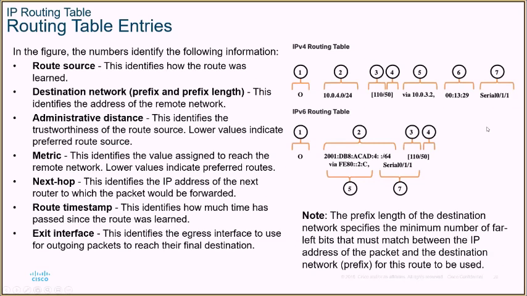Okay, the next number is the metric. And so that is how far away is that destination. There may well be more than one route to that destination within OSPF, and so the shortest route is the best route.